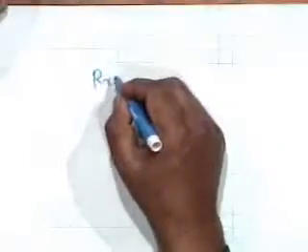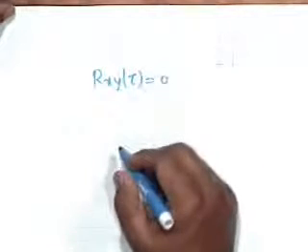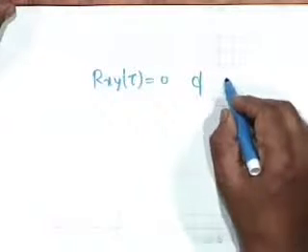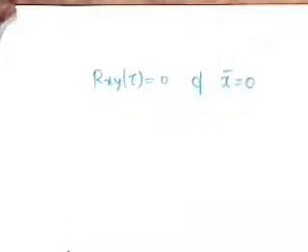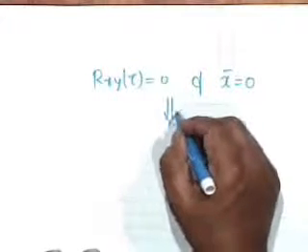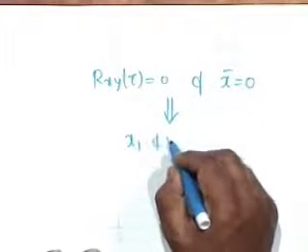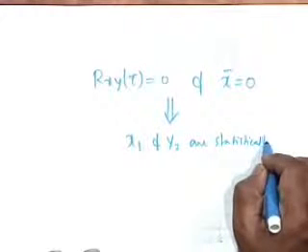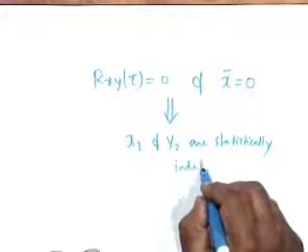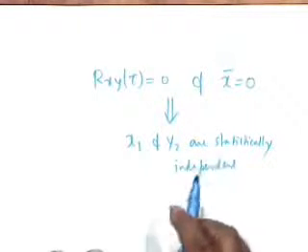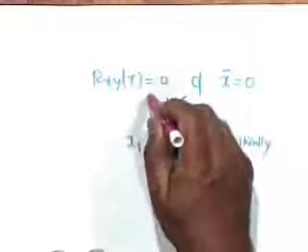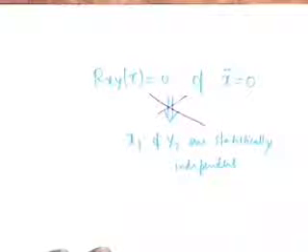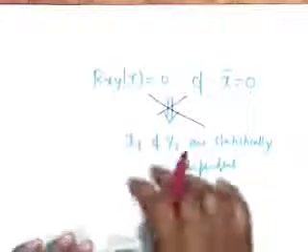Question is now, is the reverse true? Suppose I have Rxy of tau equal to 0, and in addition x bar is equal to 0. Does this imply that x1 and y2 are statistically independent? In general, the answer is no. One must be very careful. One can get trapped in this kind of an argument.